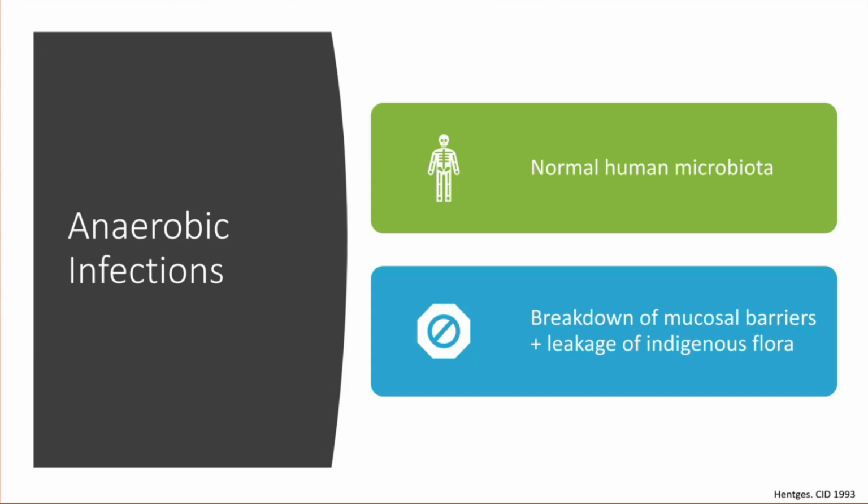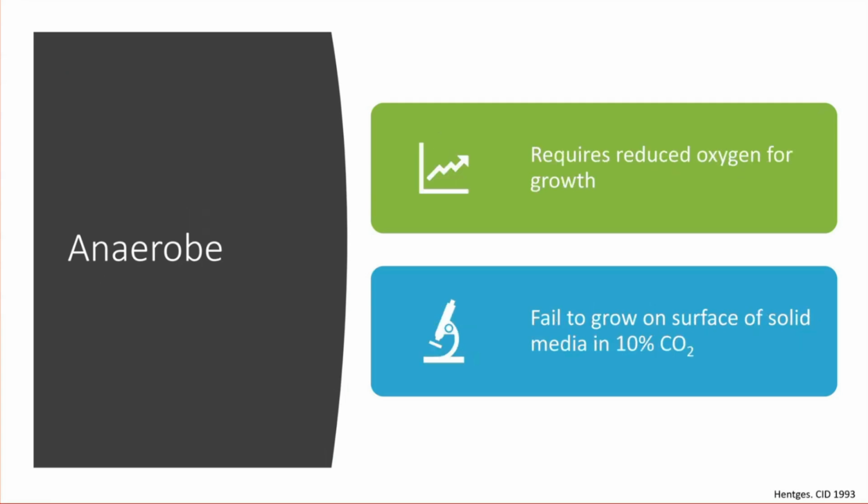The infections occur when there's a breakdown of those normal barriers and you have leakage of your indigenous flora into your bloodstream, causing bacteremia and other problems. The hallmark of anaerobic infections is that they are polymicrobial, because you're leaking into sterile spaces and forming abscesses.